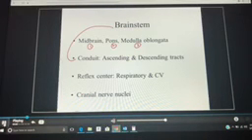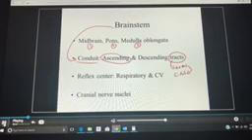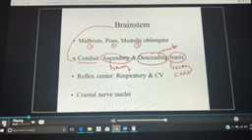You guys remember what tracts are? Tracts are axons, right, that you find in the CNS. Ascending tracts are sensory versus descending, which is motor output. The brainstem also serves as a reflex center for the respiratory and cardiovascular system functions, vital functions, I should say.